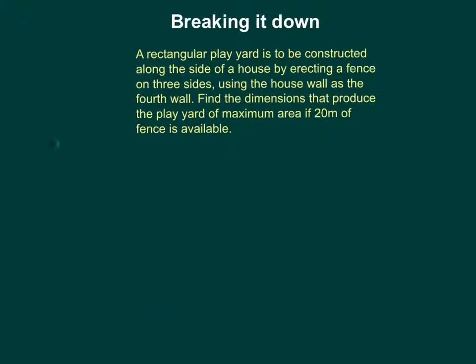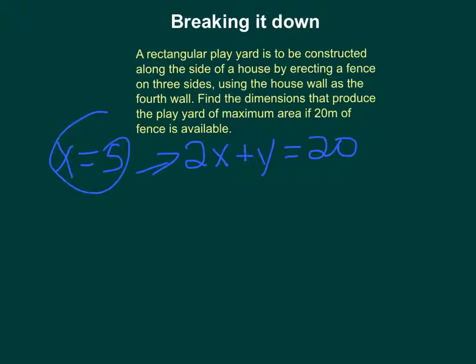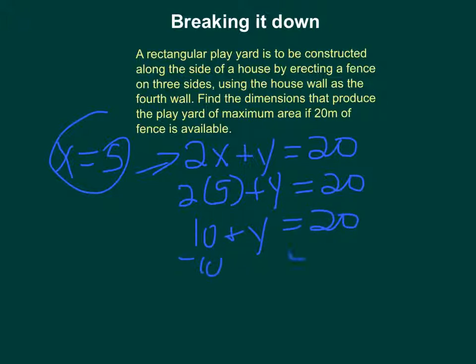Now that you know x equals 5, you can return to the original problem, 2x plus y equals 20, and plug in x. So then you have 2 times 5 plus y equals 20. 10 plus y equals 20, minus 10, minus 10, y equals 10.